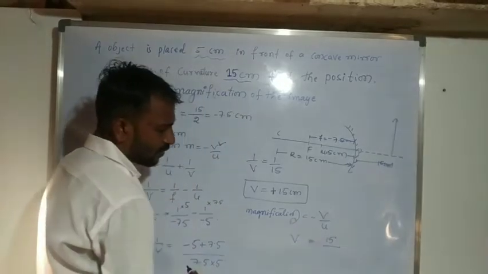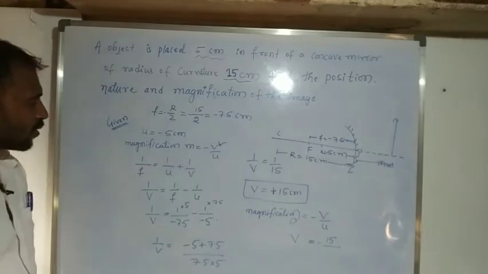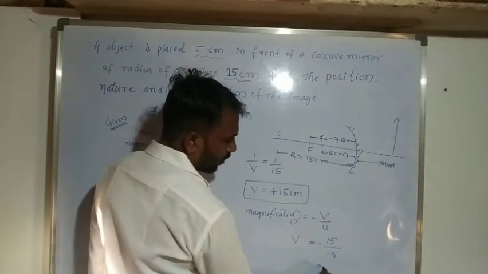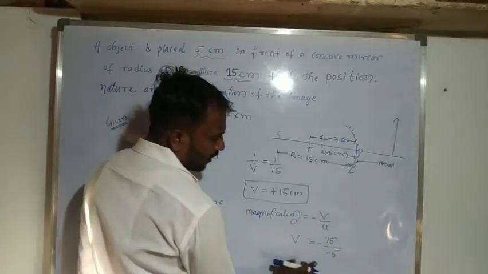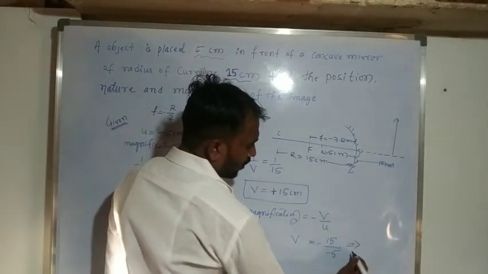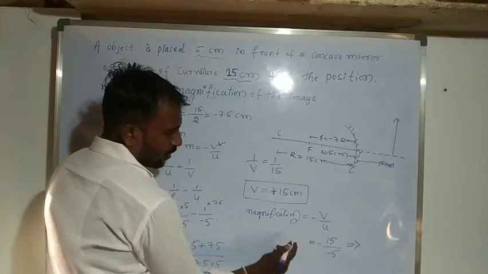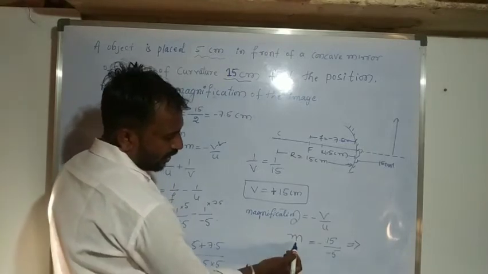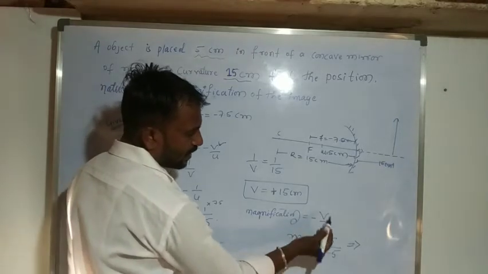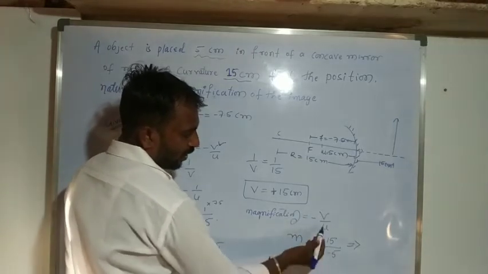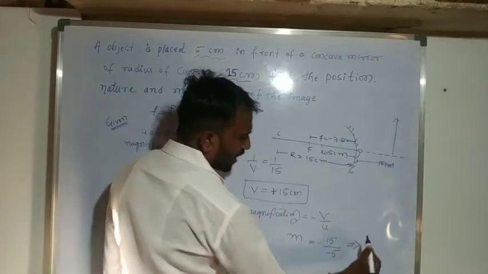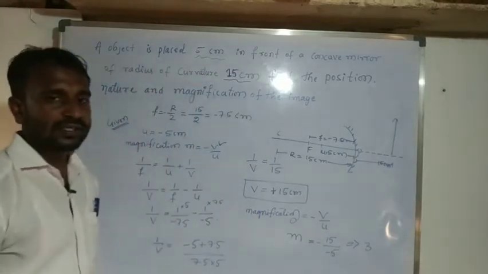Image distance 15 and object distance minus 5. So magnification M is equal to minus as it is, image distance 15 and object distance minus 5. It means plus 3. So magnification value is plus 3.